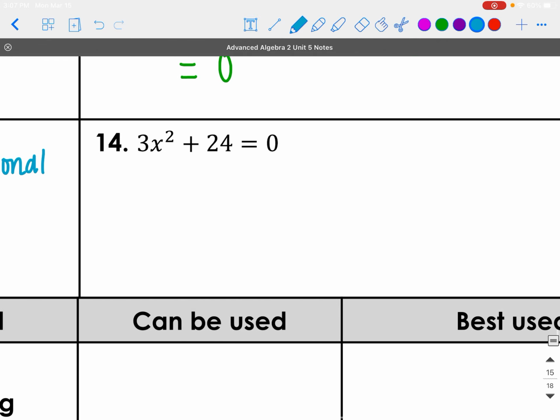Number 14, we don't have just an x. There's nothing there in the middle. So our b is 0. So we have 0 squared minus 4 times 3 times 24.